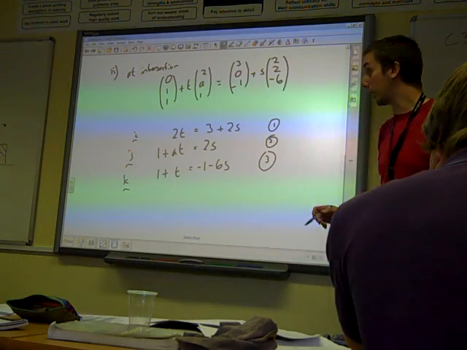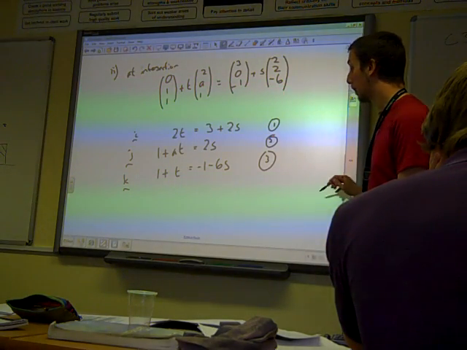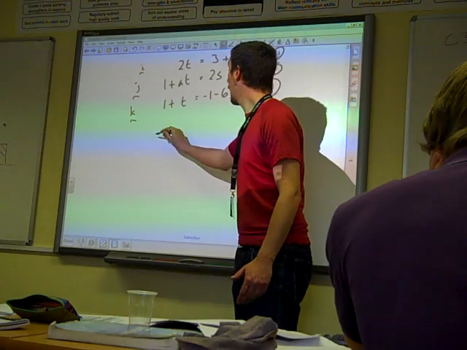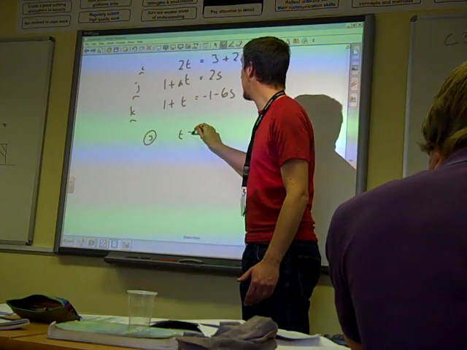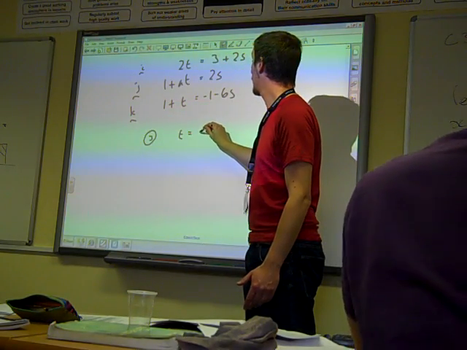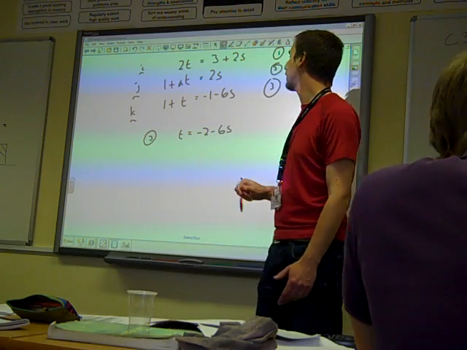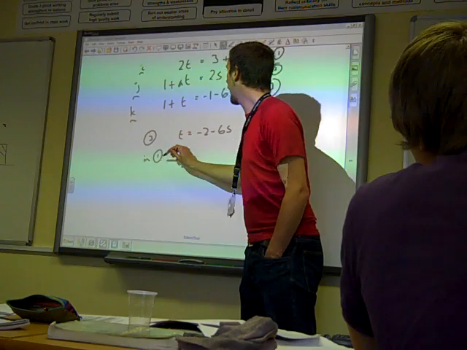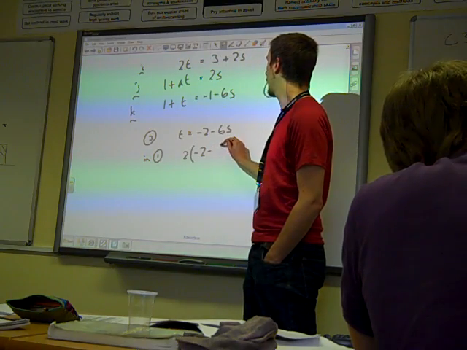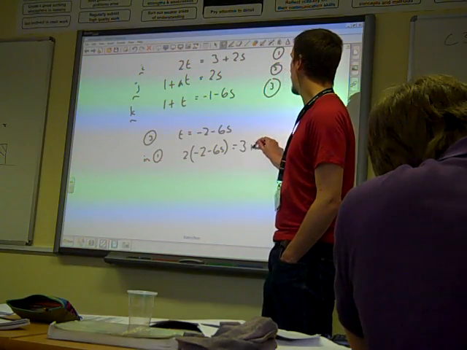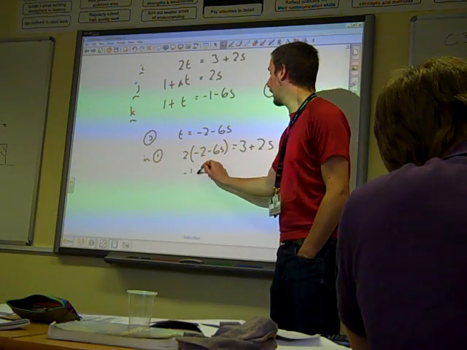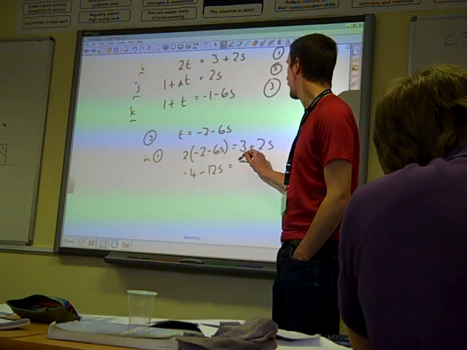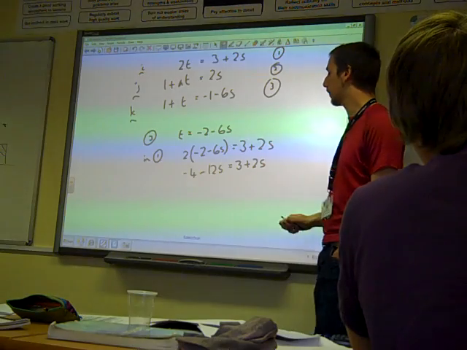Equations 1 and 3 only involve s and t, so they look like a good place to start. Equation 3 tells me that t = -2 - 6s. And so in equation 1, twice that is 3 + 2s. So -4 - 12s = 3 + 2s.